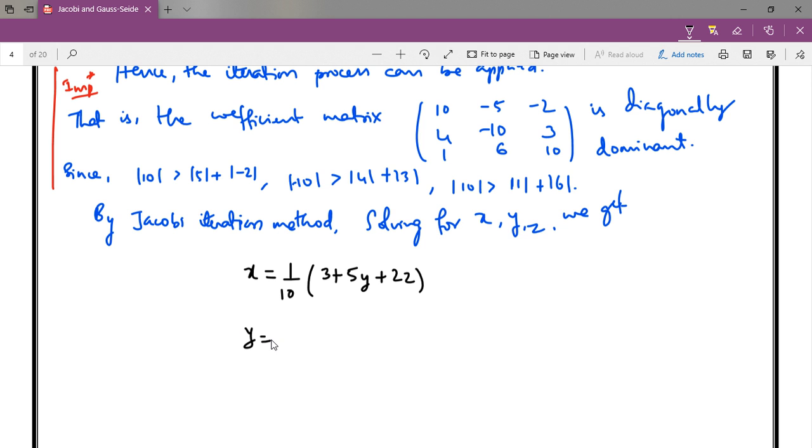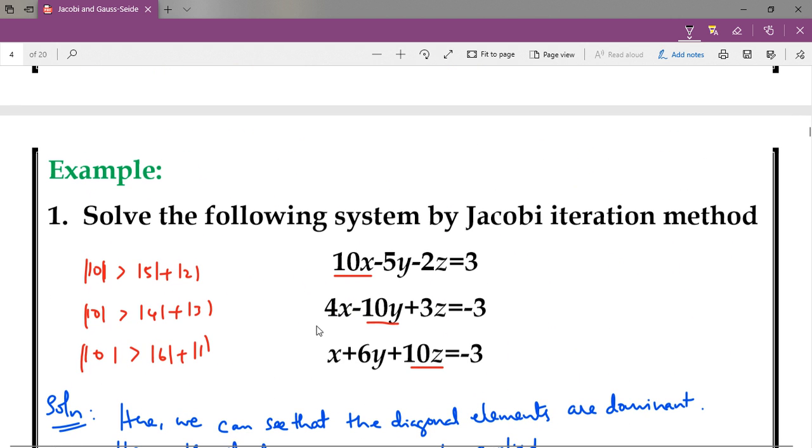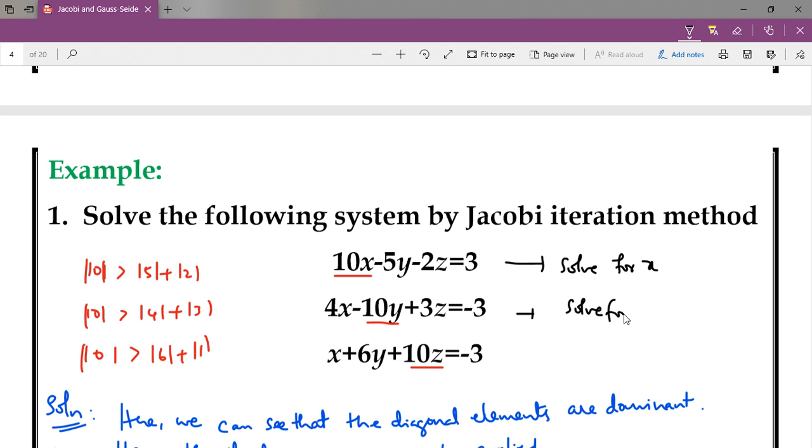Similarly, solving the second equation. In the first one I have solved for x. Now solve for y. When you solve for y, this is going to be 10y, and taking the constant to the other side, plus 3.